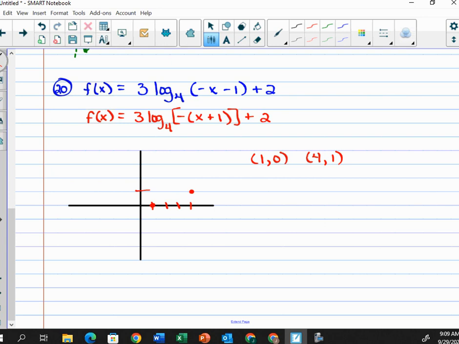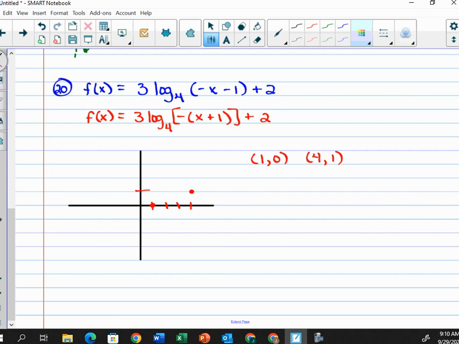Okay. Again, you don't have to write this out. I'm just showing you with the points what's actually happening. The 3 in front, what does that do? Vertical stretch. So what do I multiply by 3? The y values. And then what does the negative by the x do? Flips over the y-axis.